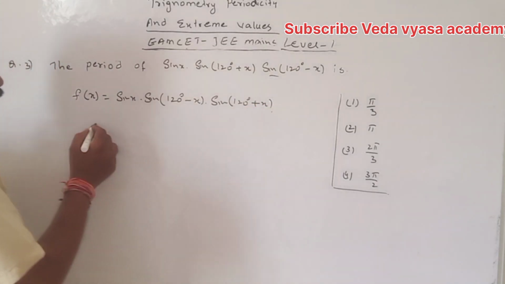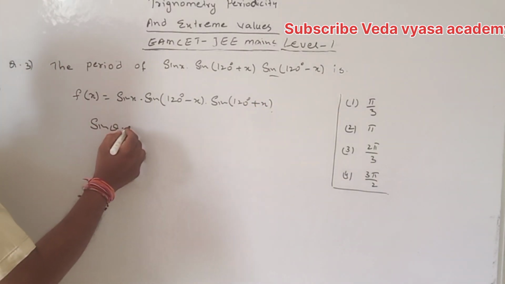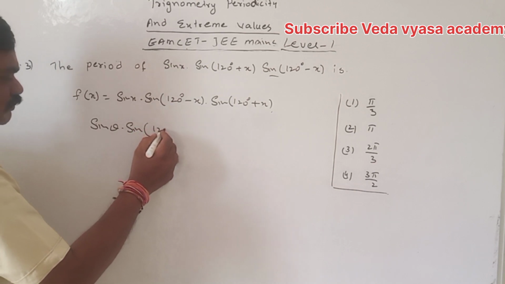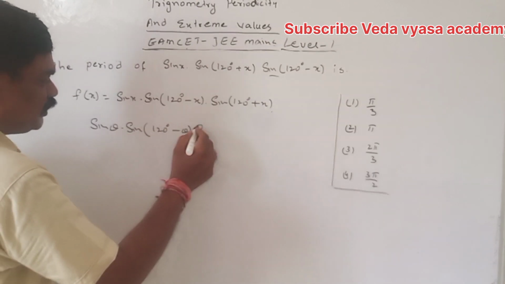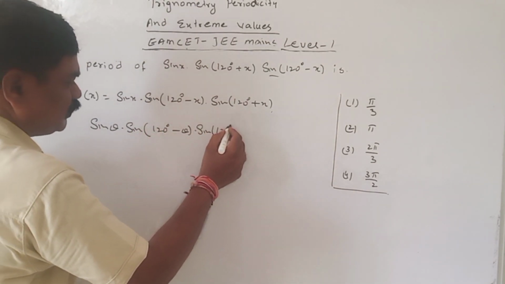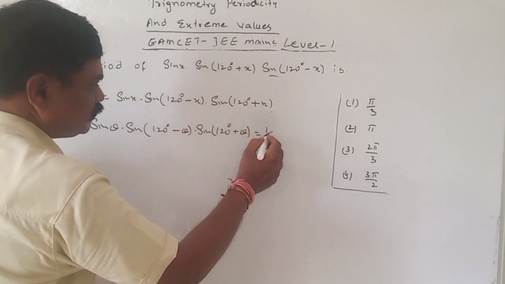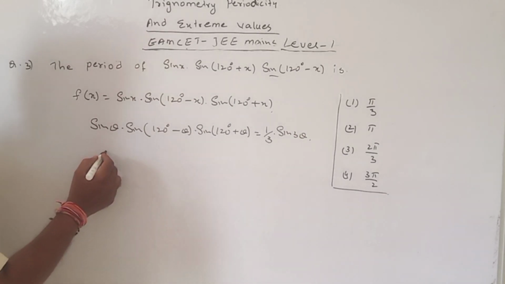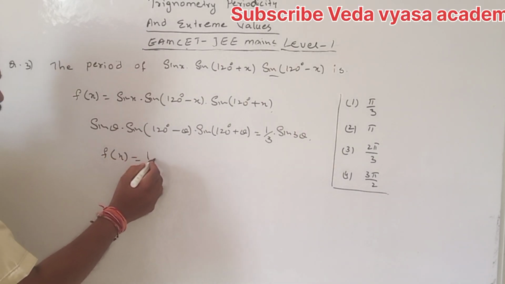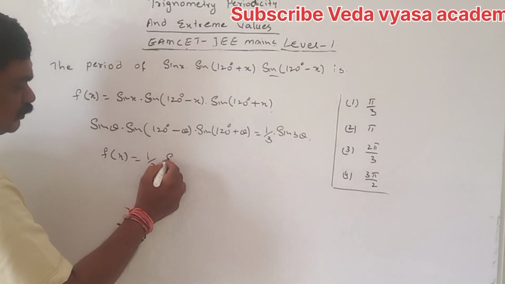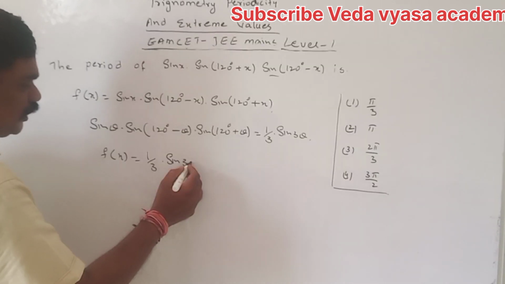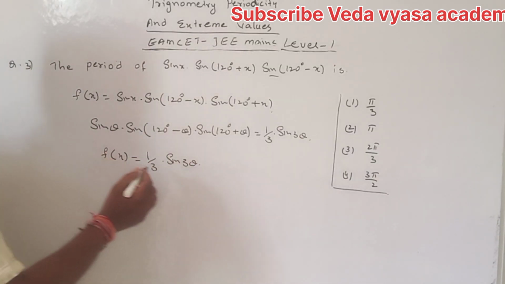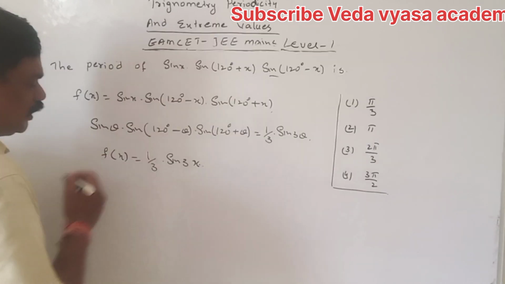So we know the formula: sin θ into sin(120° - θ) into sin(120° + θ) is equal to 1 by 4 into sin 3θ.